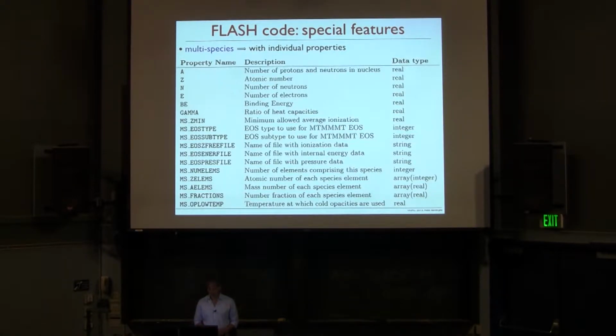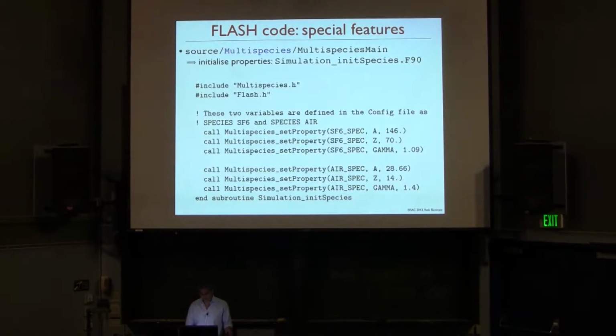So this is something you don't really need to take care of. If you look at how to build a large computer simulation, it always takes a lot of time to build all the framework around it, and this framework to keep track of the properties of many different species is already there. Just to show you a piece of code, here is how to initialize the properties, in this case for two different species.